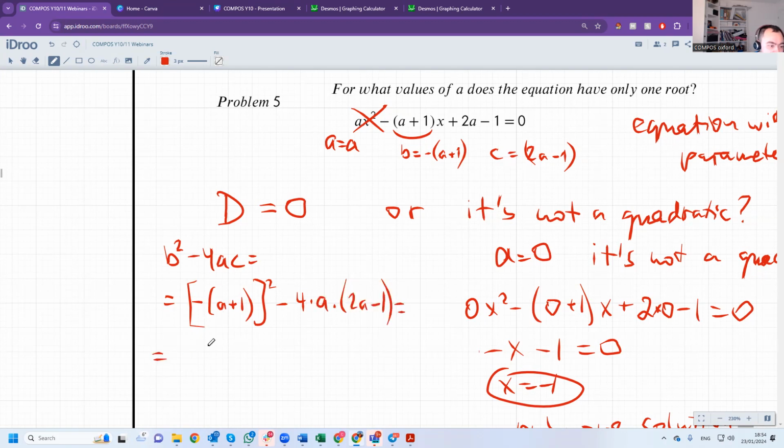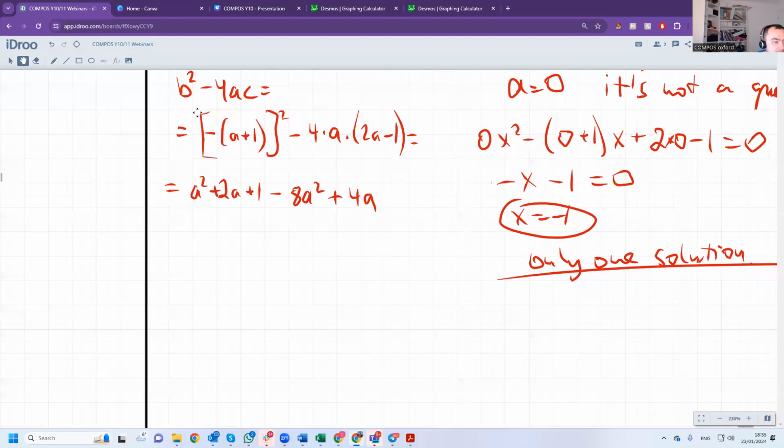And that's equal to a squared plus 2a plus 1 minus 8a squared plus 4a. And that's equal to minus 7a squared plus 6a plus 1. And that has to equal 0.